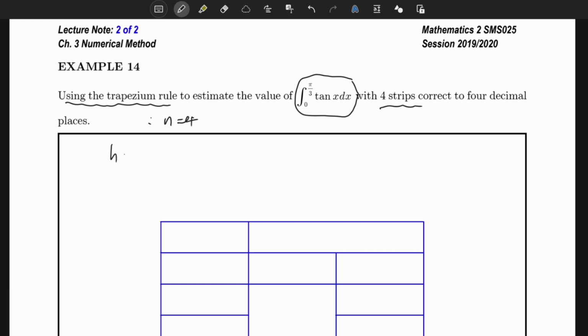Find your h: pi over 3 minus 0, over 4, so we get pi over 12. Make sure to change the mode to radian, because this is a trigo function. If not, everything will be wrong.